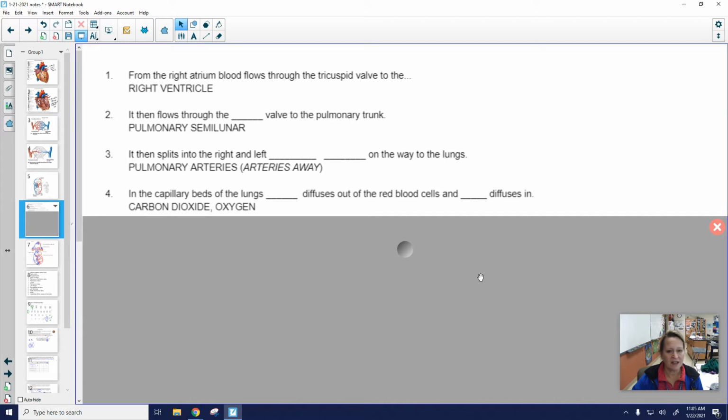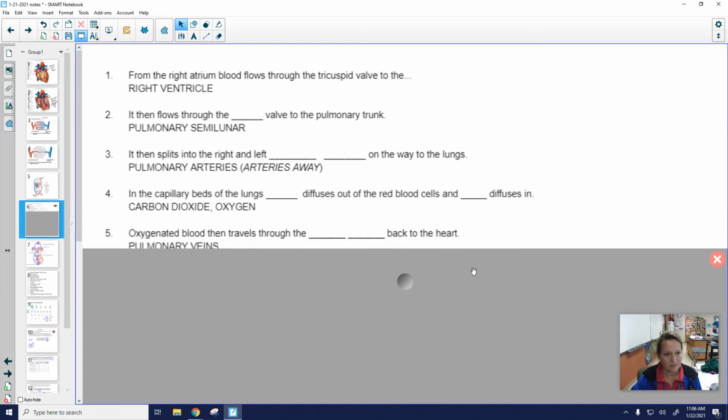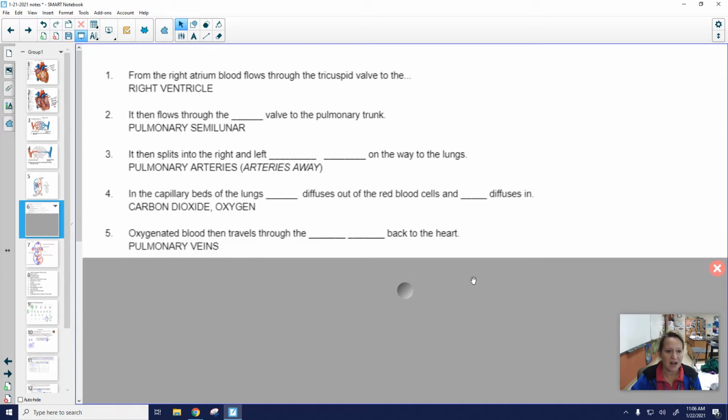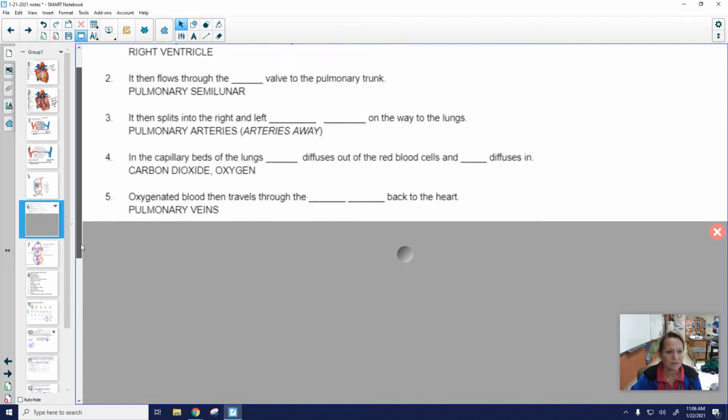Then in the lungs, carbon dioxide is going to diffuse out of the red blood cells and oxygen is going to diffuse in. They're both moving from an area of high concentration to an area of low concentration. Then the oxygenated blood travels through the pulmonary veins back to the heart.